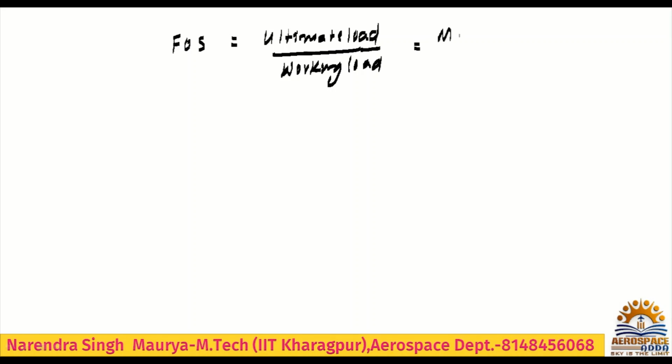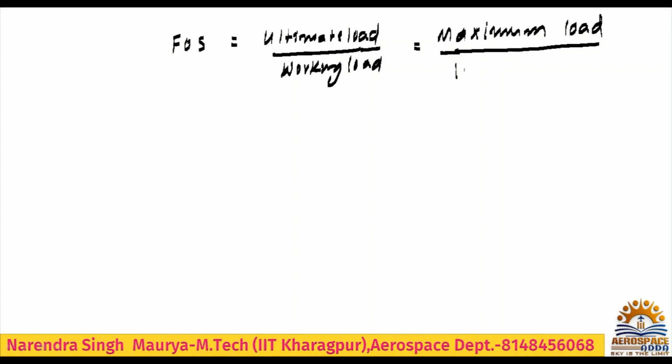Ultimate means maximum, how much load, I mean the maximum load you can give to any body or any component so that it can work. After that it will fail, so that load will be called the ultimate load or maximum load.